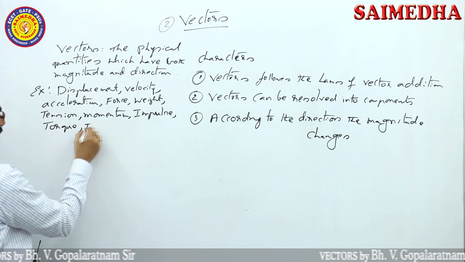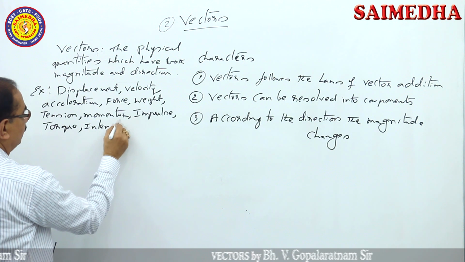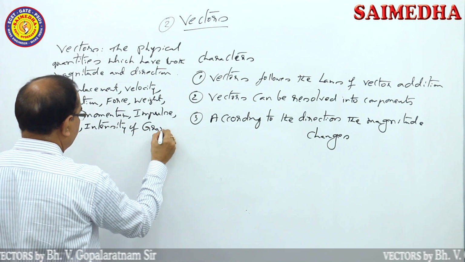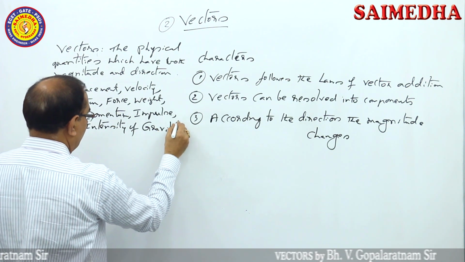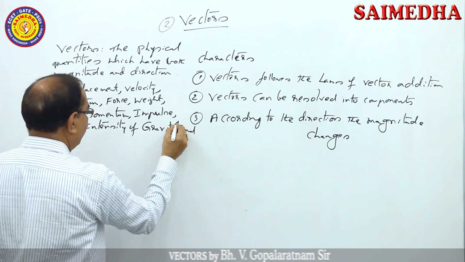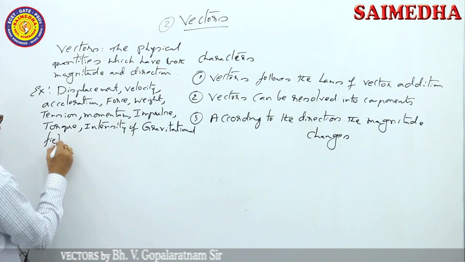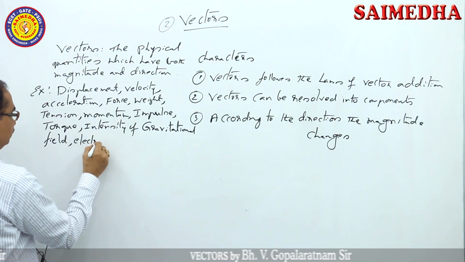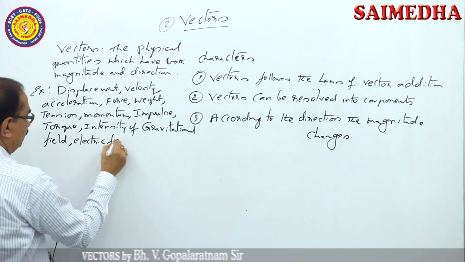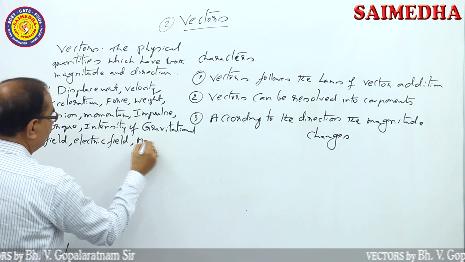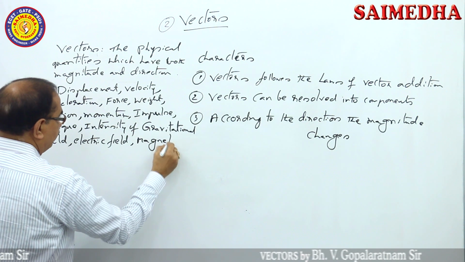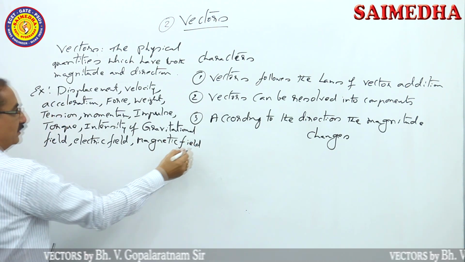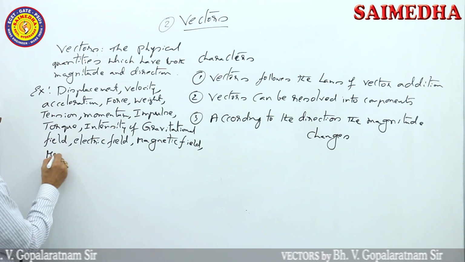Torque and intensity of gravitational field. Gravitational field is a vector. Electric field is a vector. Magnetic field is a vector. And magnetic moment is a vector.